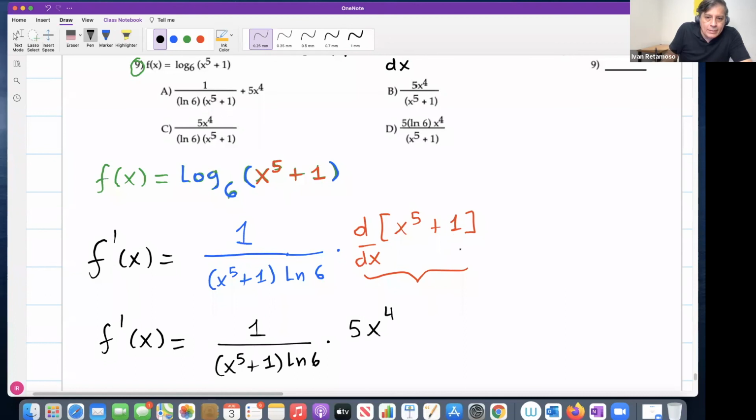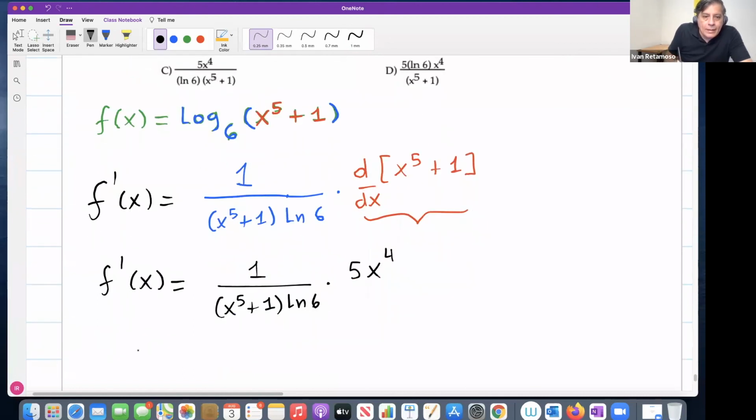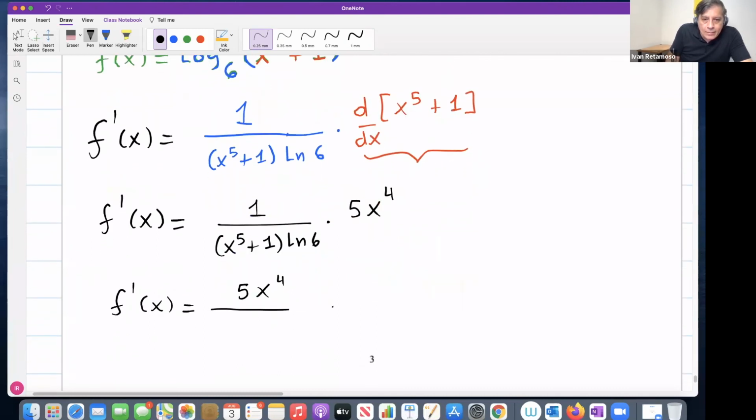Derivative of 1 is 0. And then just simplify this. 5x to the 4th power times 1 is 5x to the 4th power, and all this divided by x to the 5th power plus 1 multiplied by natural log of 6. This should be your answer.